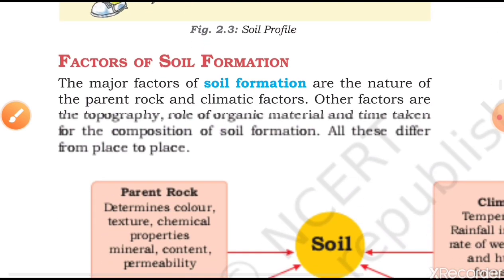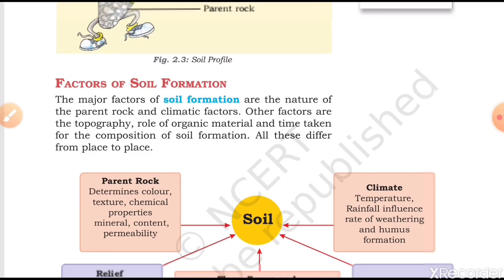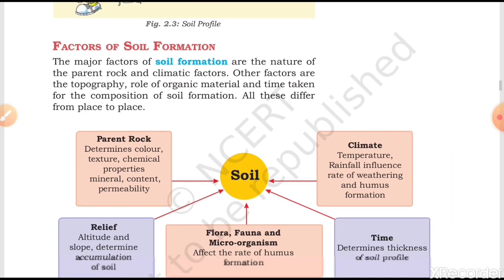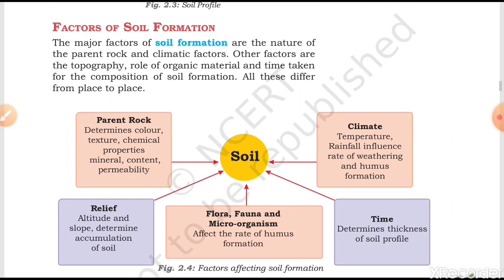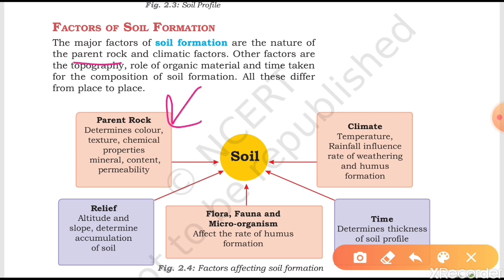Now comes the topic, factors of soil formation. How is the soil formed? Now, the major factors of soil formation are, first, the nature of the parent rock that we did just now. The parent rock or the D horizon determines the color, texture, chemical properties, mineral content and permeability of the soil. Next is climate. How does climate affect soil formation?